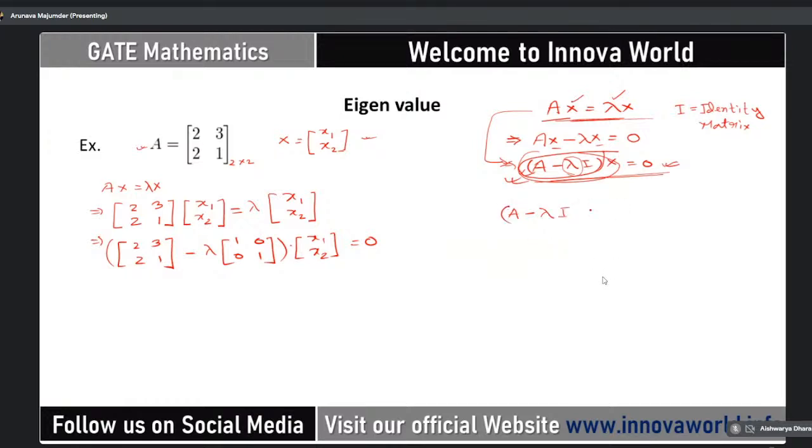If I take the determinant of this matrix, A minus lambda I, and equate it to 0: firstly it was a matrix, but after taking the determinant it is converted to a scalar value.